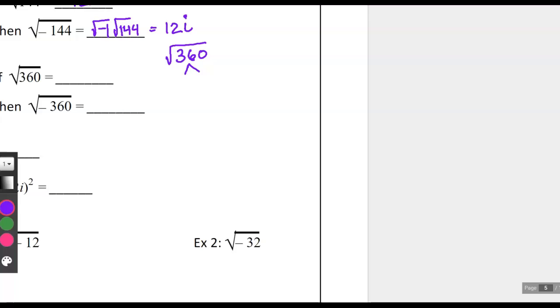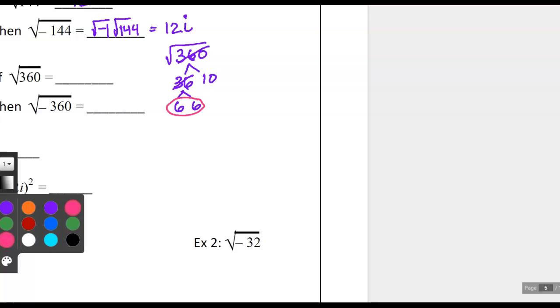Honestly, if I was you, anything that ends in a 0, what do you know goes into it? 10. What times 10 gives you 360? 36. What can we factor 36 into? 6 and 6. Remember, I told you we're looking for pairs in our factor tree. As soon as we see a pair, we can stop the branch.